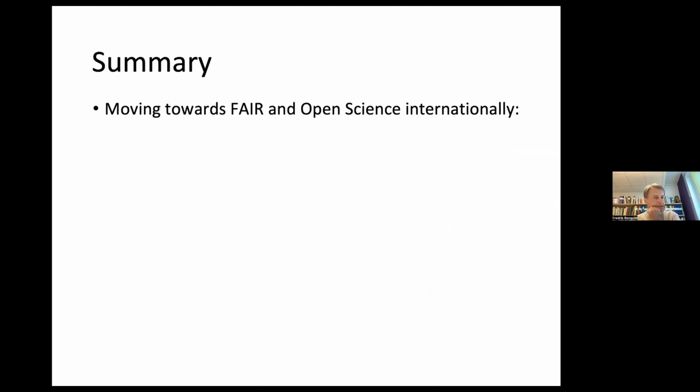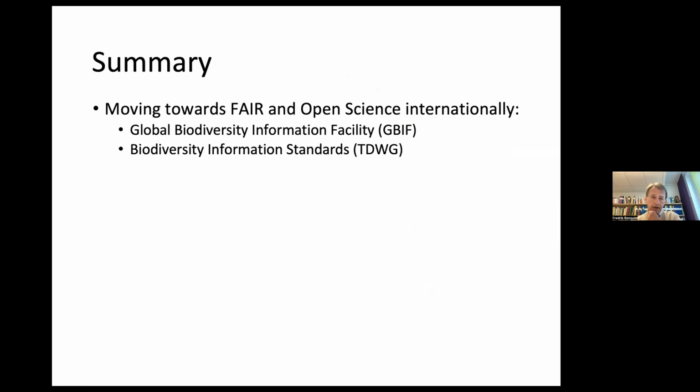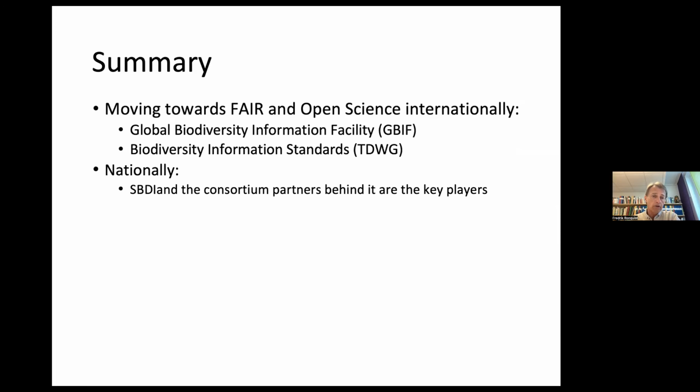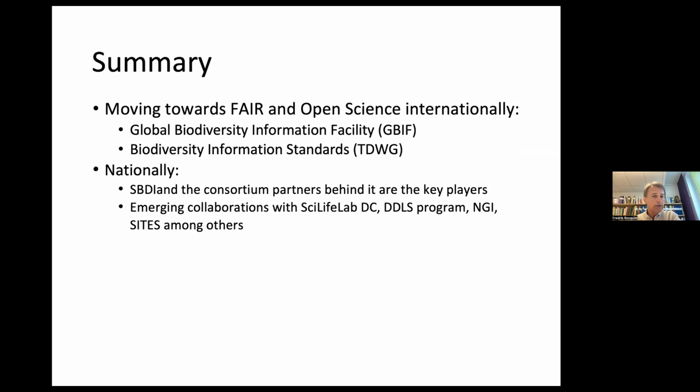So to summarize what I've covered, we're moving towards fair and open science, I think, internationally in the biodiversity community, thanks to a large extent to efforts by the Global Biodiversity Information Facility and Biodiversity Information Standards organization. And of course, lots of other players are also important, but these are the key players, I think, if you pick just two of them. Nationally, of course, SBDI and the consortium partners behind it are key players.